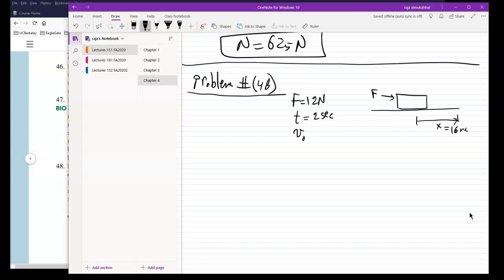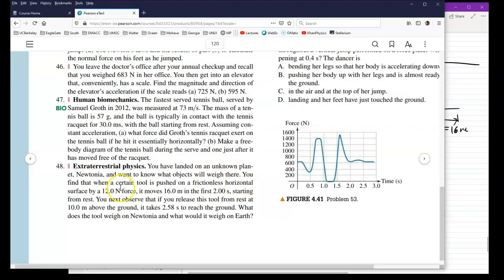And the initial velocity is 0. That's what he said: it moves 16 meters in the first 2 seconds, starting from rest. So these are the information.